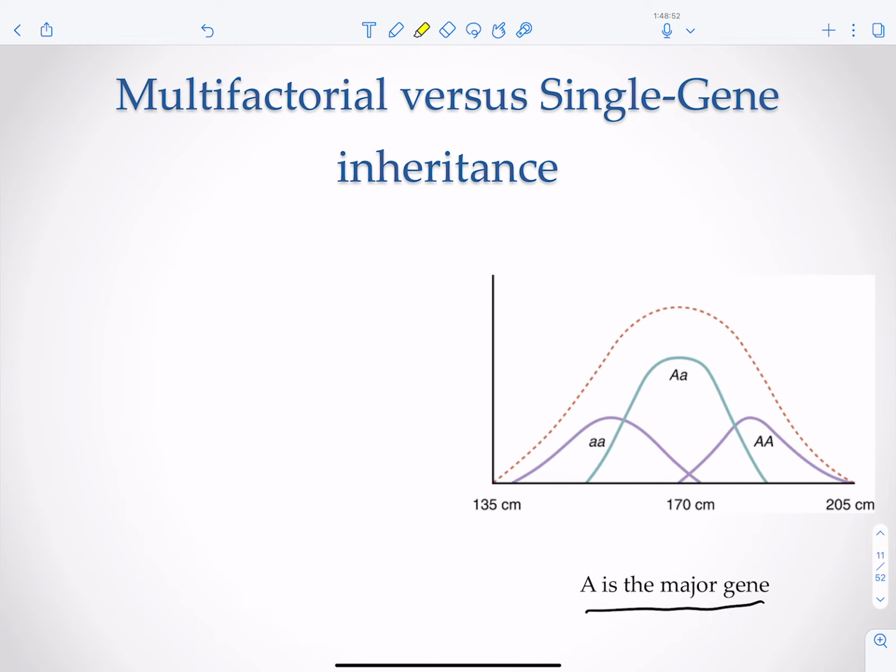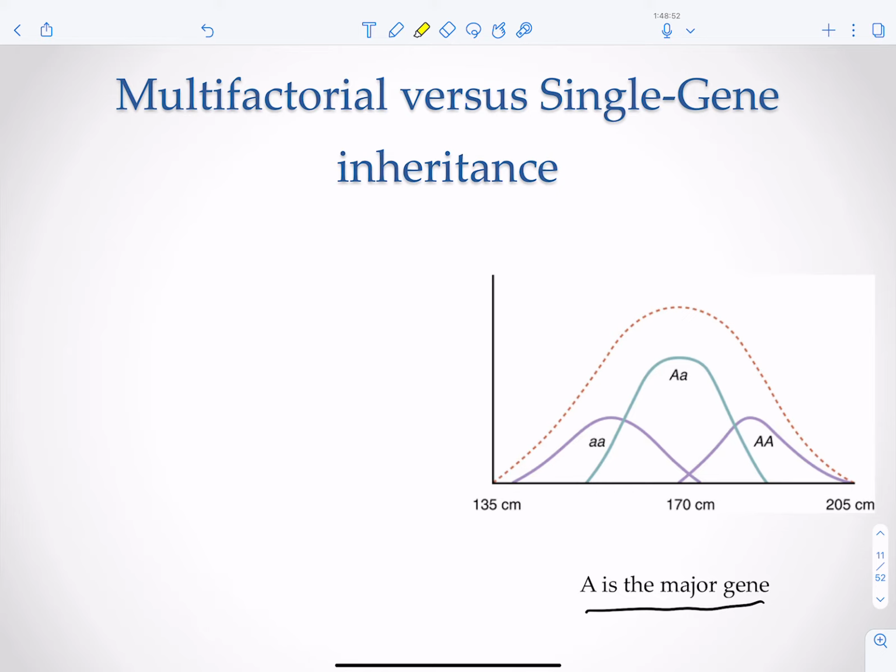So, multifactorial versus single gene inheritance. Again, multifactorial is going to have multiple influences. Often the distribution is going to be a bell-shaped curve in multifactorial. Single gene inheritance is going to follow Mendelian inheritance patterns, autosomal dominant, autosomal recessive, etc., whereas multifactorial does not.